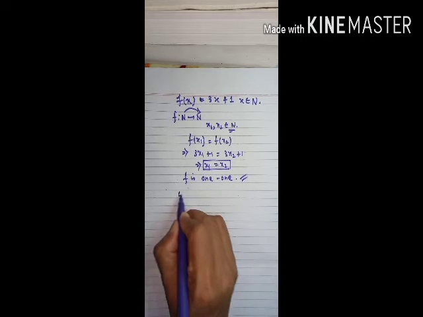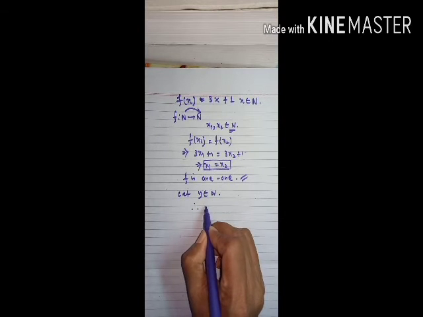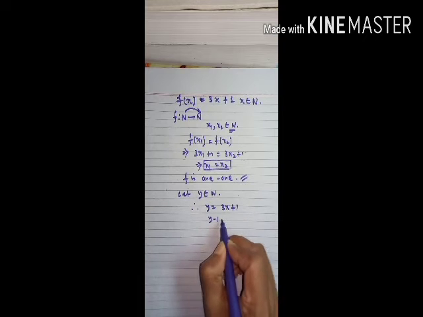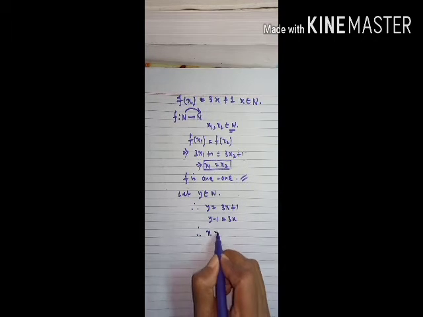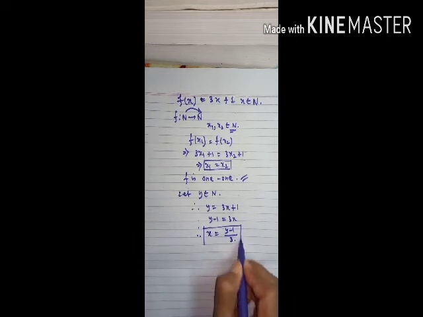Again let y belongs to N. So you can write y equal to 3x plus 1. So y minus 1 equal to 3x. So x equal to (y minus 1) by 3.